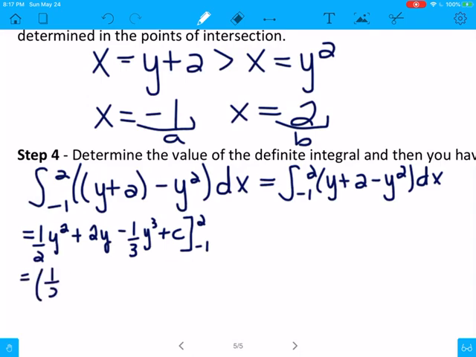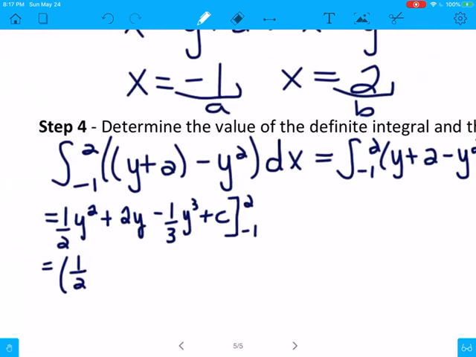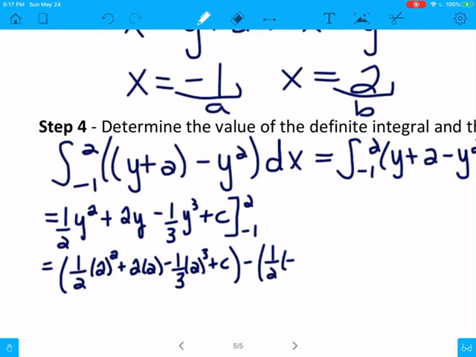So I get 1/2 of 2 squared plus 2 times 2 minus 1/3 of 2 cubed plus c, minus 1/2 of -1 squared plus 2 times -1 minus 1/3 times -1 cubed plus c.